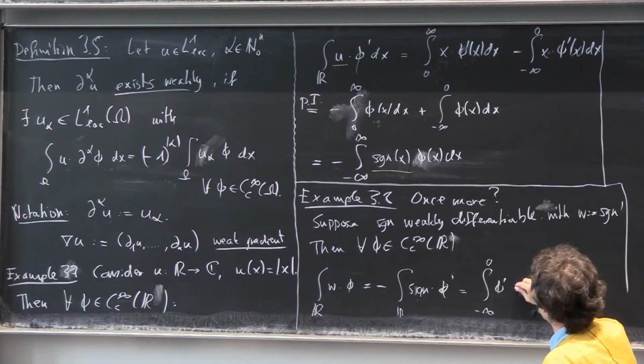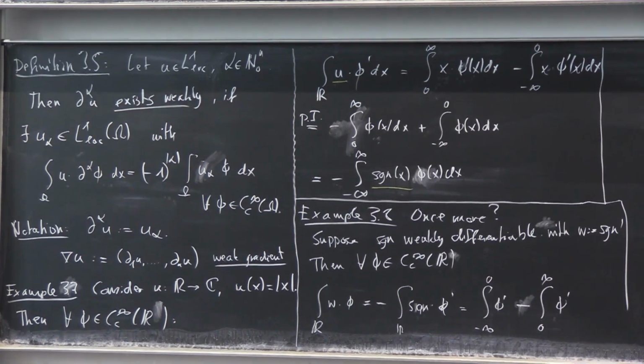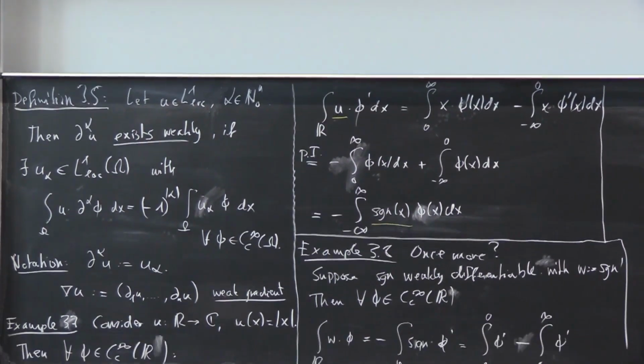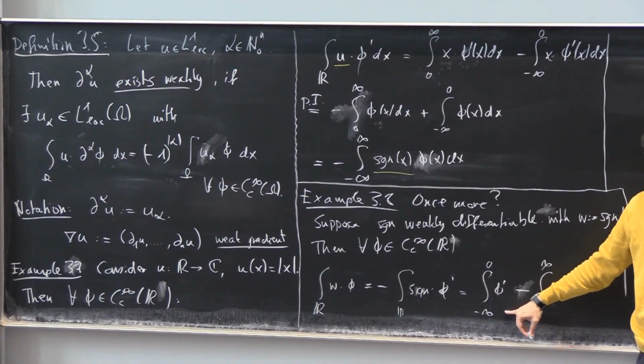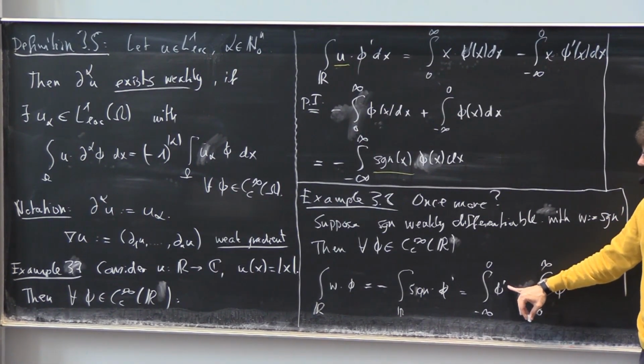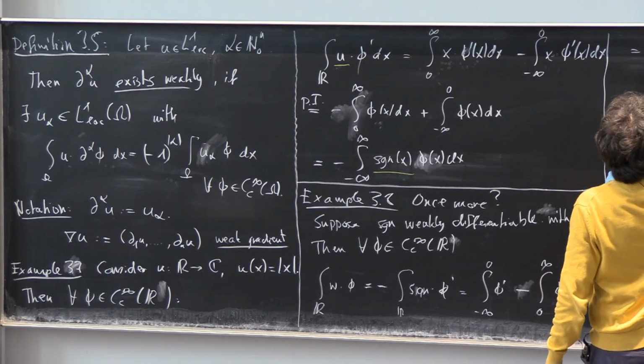So this is a minus here. Okay, and now this is the fundamental theorem of calculus. If you do the integral over phi prime, you get phi at 0 minus phi at -infinity, but this is 0 because it's a C_c infinity function. So this gives phi of 0. This gives 0 here and phi of 0 here. So this is phi of 0 plus phi of 0, so 2 phi of 0.